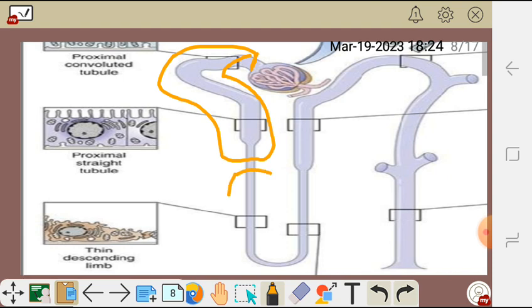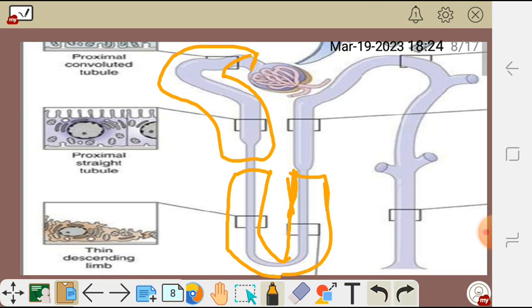But when you go down in the descending loop of Henle, here we only have water leaving the tubule, so we expect the concentration here to increase. As you ascend here, the water permeability will be reduced. This segment, the ascending limb, is impermeable to water, only solutes are leaving, so this segment is diluting.